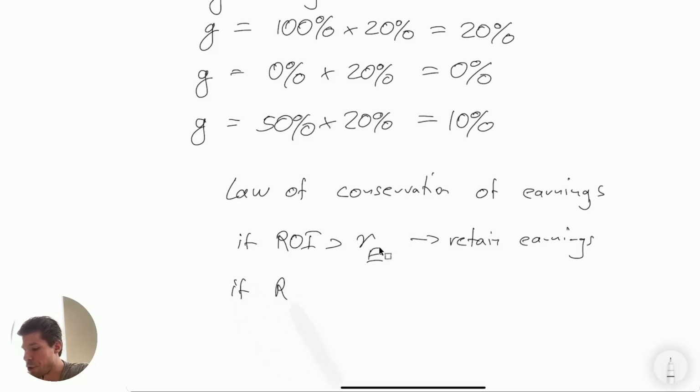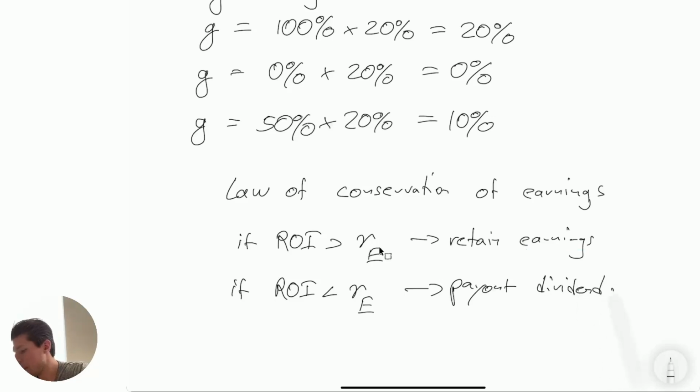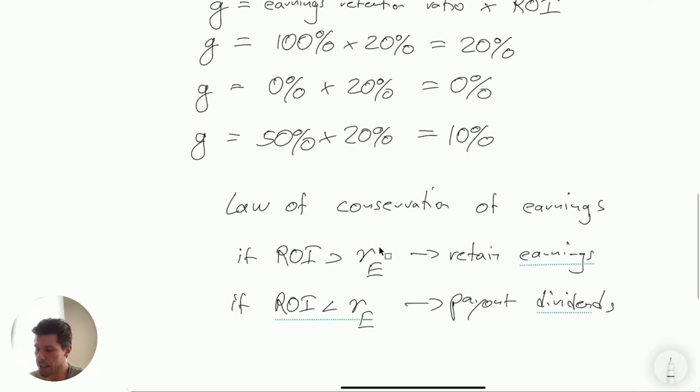If your return on investment at the moment is quite low and smaller than your cost of equity, then pay out dividends. You can see this many times when management decides, okay, should we pay out our free cash flow as dividends. Then it's sometimes a sign that there are no good projects available at the moment where the company could invest at an adequate ROI. So then the company decides to pay out dividends.